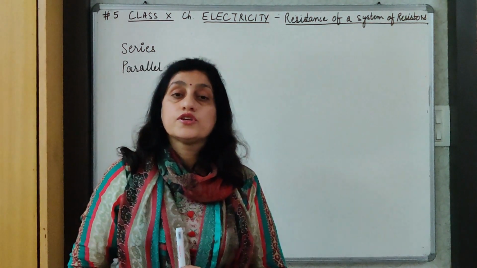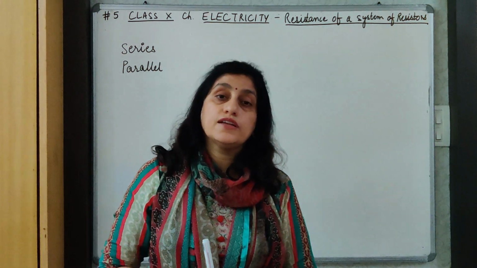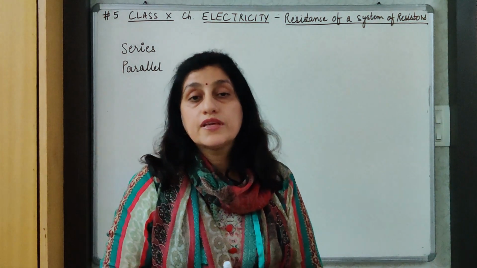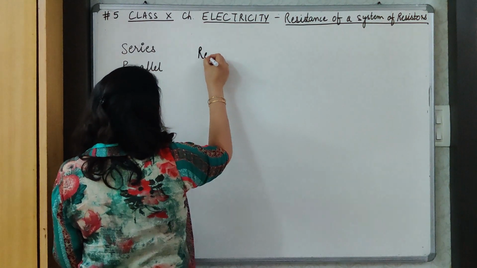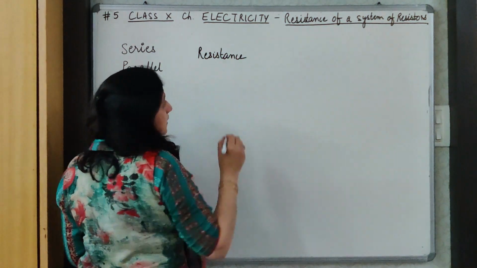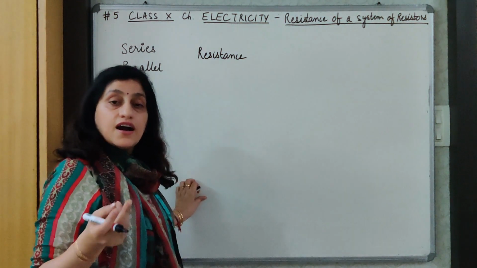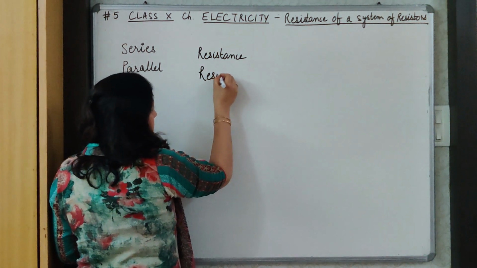In the previous video, we had done Ohm's law. The link you can find in the description box, and from there we learnt a term resistance, and we also know that any wire having a high resistance is called a resistor.